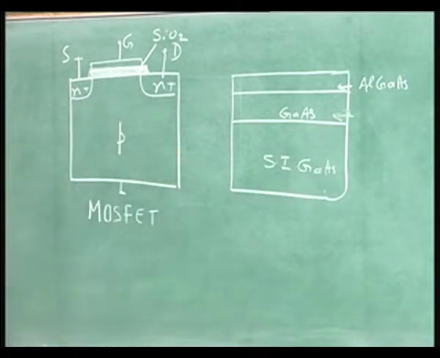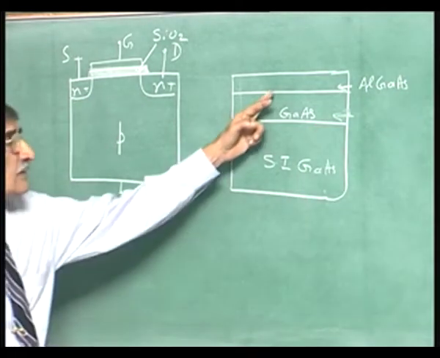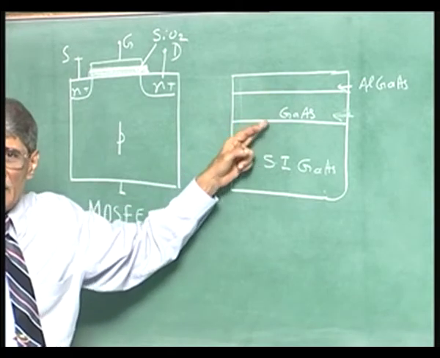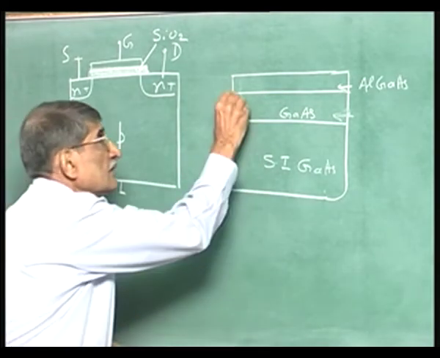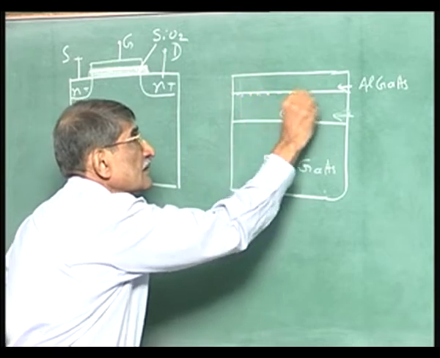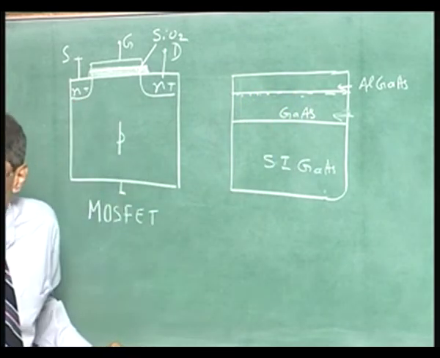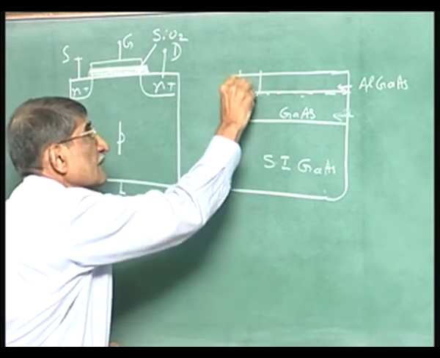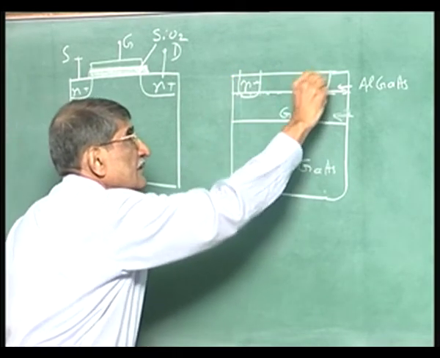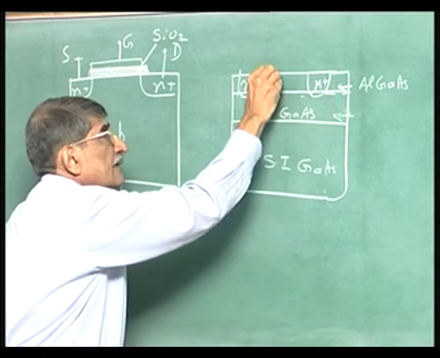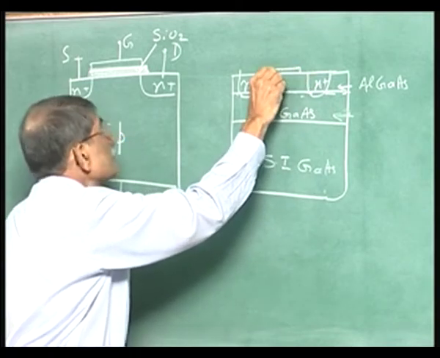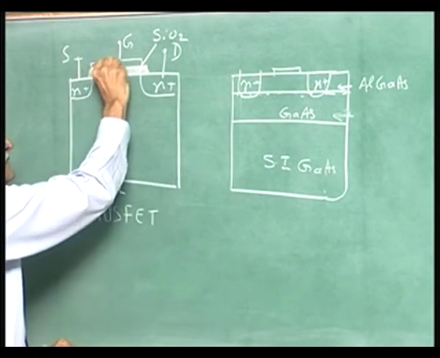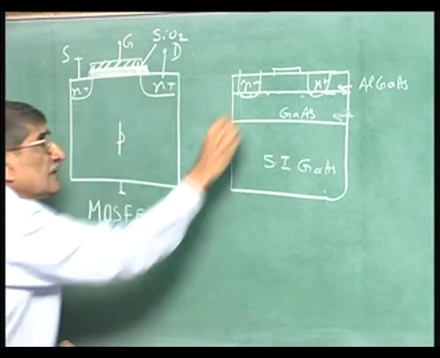So, what you have now is a doped layer and an undoped layer, which I have already put there. In fact, this will give rise to the two-dimensional gas. That diagram we have already been discussing. So, you have this n plus here, you have this n plus here, and you have a gate here. So, I can call this the gate, as in the case of MOSFET, this is a gate in this case.